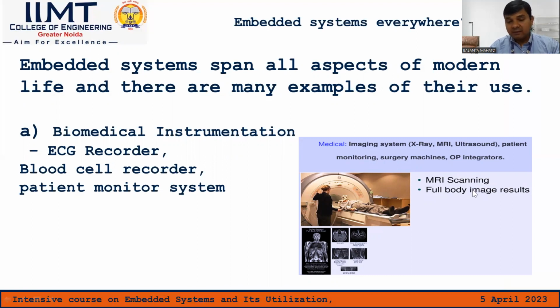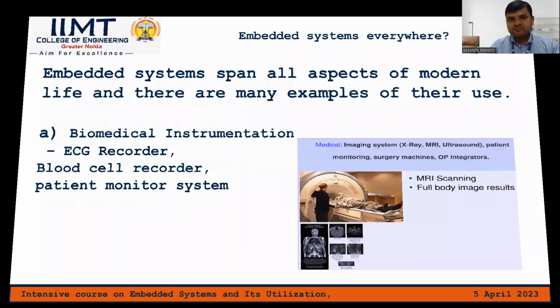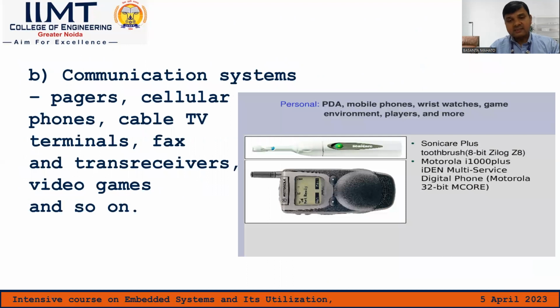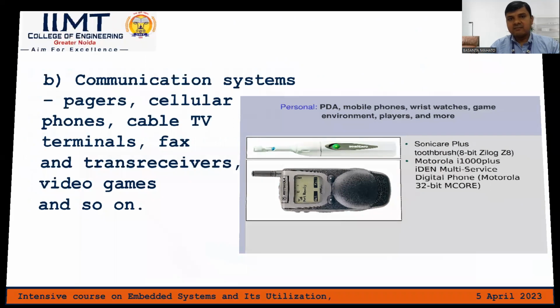In biomedical instrumentation there is big use: X-ray, MRI, CT scan, patient monitoring, surgical machinery, everything comes under this. And in communication itself, we use cell phones, cellular TV, TV terminals, receivers, video games; all come under this category.